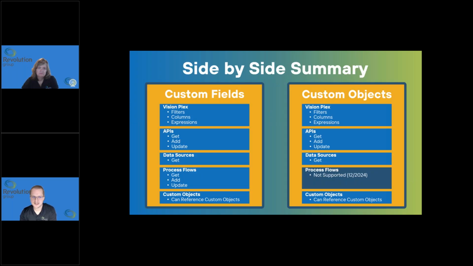Okay. To do a side-by-side between custom fields and custom objects, right, both of them can be used in VisionPlex for filters, for columns. They can be used in expressions. APIs we can get, add, update those with the developer portal APIs.